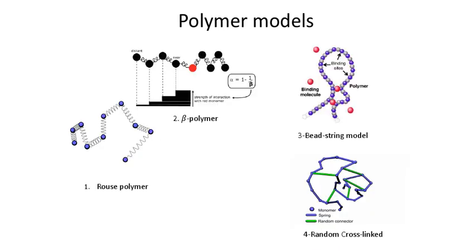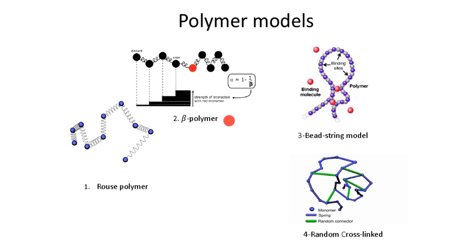Polymer models. So there are many polymer models available, but I think one of the most important ones is a class associated to the Rouse polymer. And so the Rouse polymer consists of beads that are connected by springs, and it is possible to add different forces such as the Lennard-Jones forces, binding forces on this.